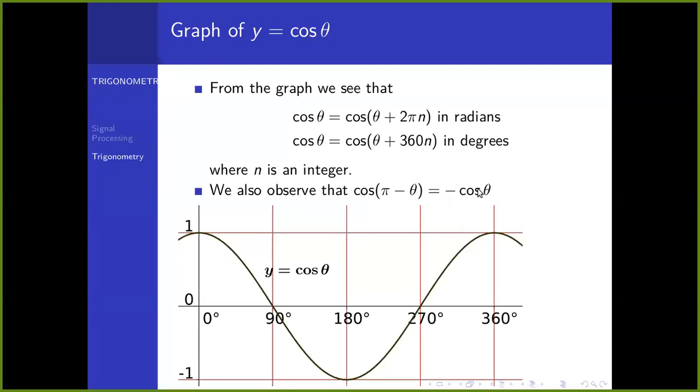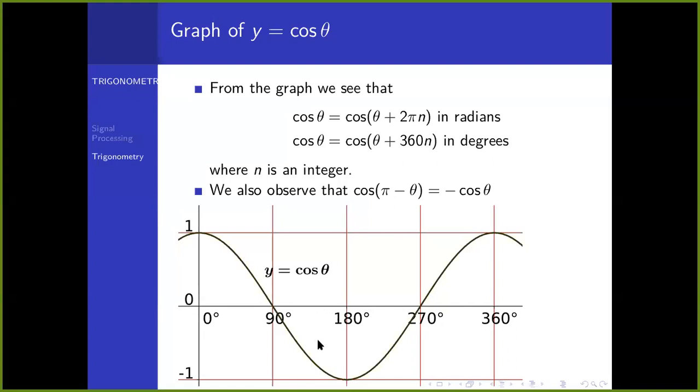Let me see if I can draw a diagram for this; I should have drawn one. But we'll try to do this here. Again, if you measure an angle theta on the x-axis, say somewhere here, and you drop a perpendicular all the way to the curve, somewhere there. Then you come to 180, which is pi, and subtract that same angle here and drop it all the way.